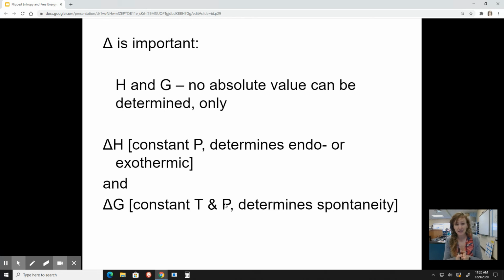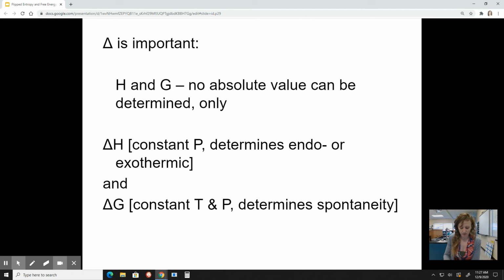Remember, enthalpy is heat flow, right? So what is the heat flow of something by itself? Well, that's not really a concept that makes a whole lot of sense. In order to have a heat flow, you have to have a change that occurs, right? And so enthalpy and free energy are always measured against something.